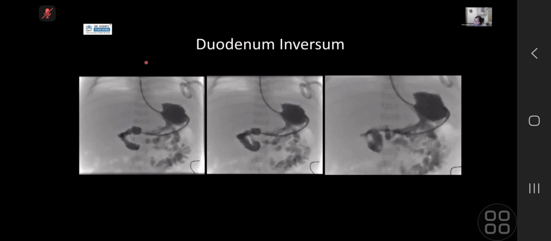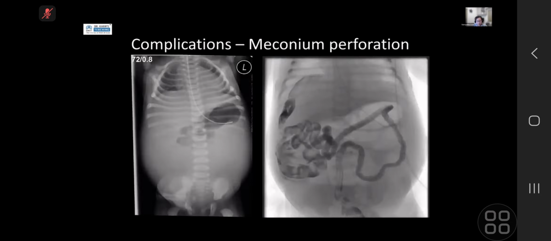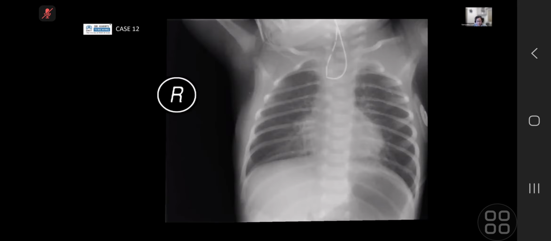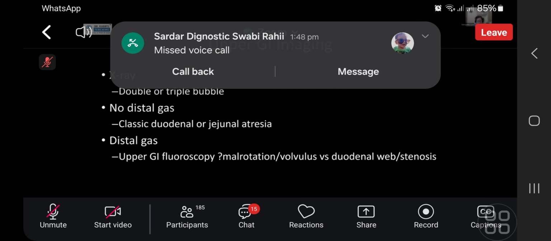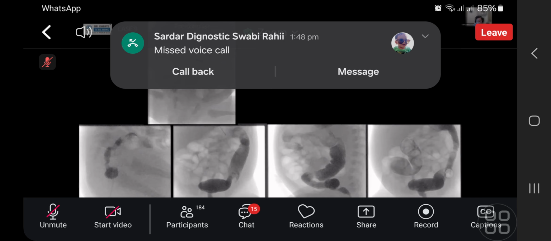Reversed rectosigmoid. I asked about the large gas-filled structure in the right lower abdomen. Is it a Hirschsprung slide? Hang on. This one?